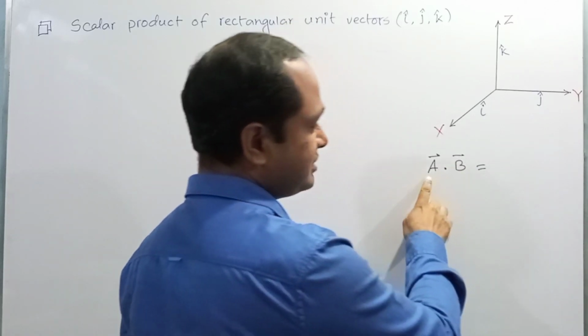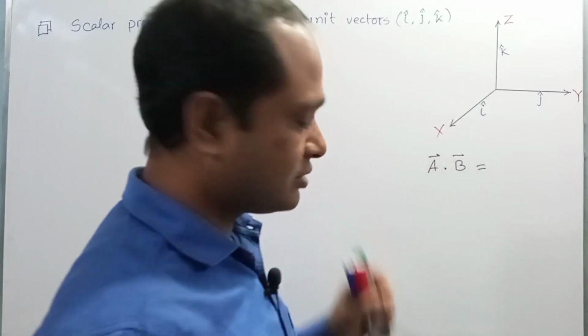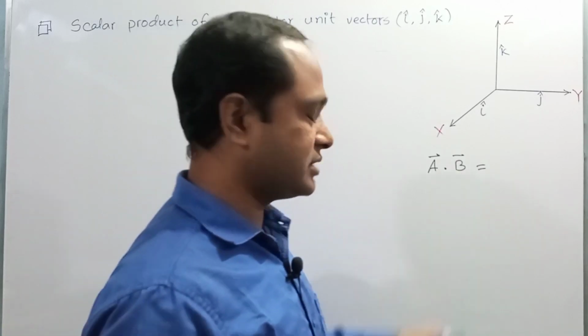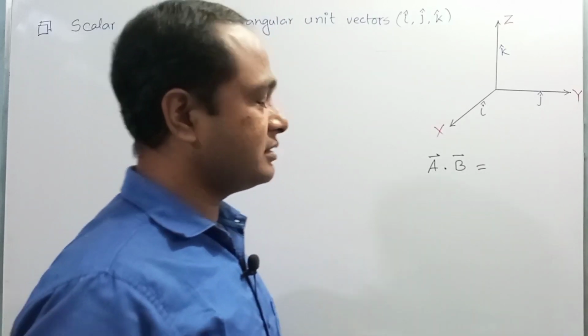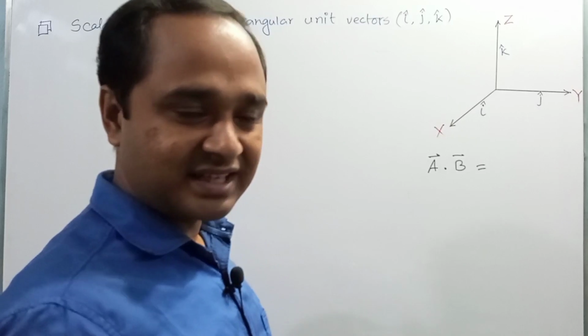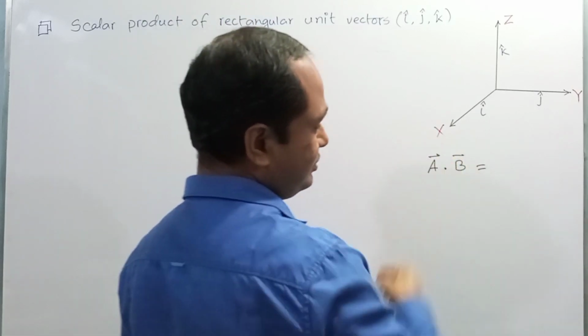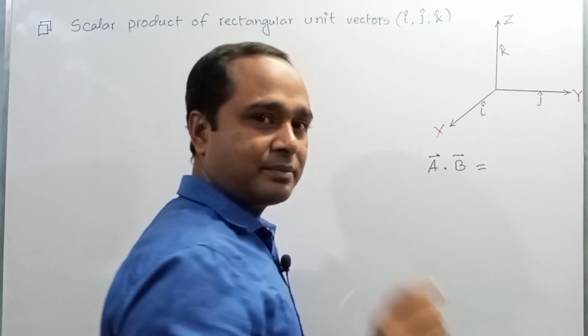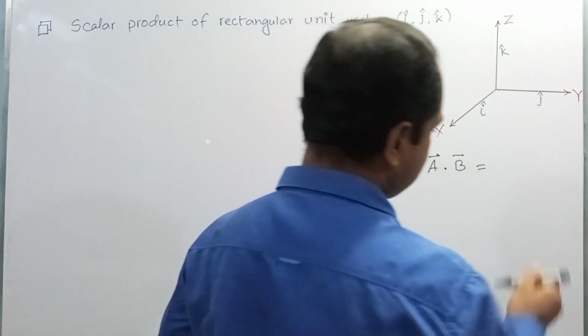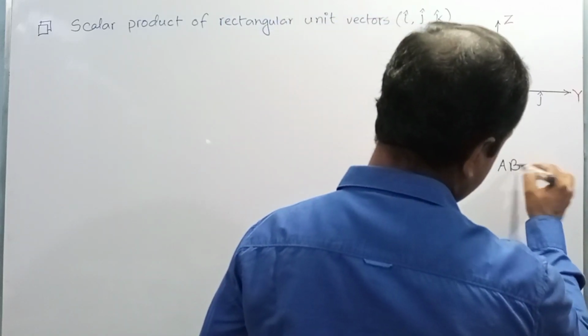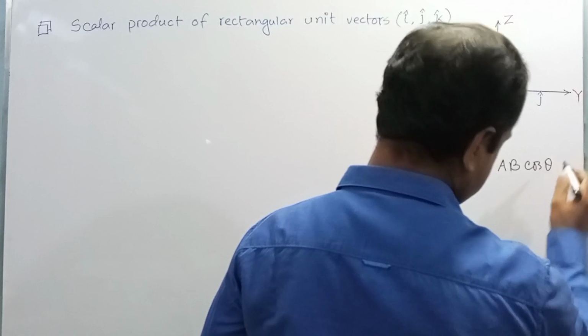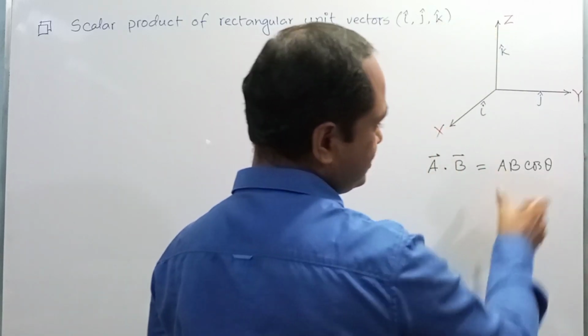That is, if the magnitude of a is simply a and the magnitude of vector b is simply b, and the angle between a and b is theta, then the value of the dot product of a and b will be a b cos theta. This is a magnitude only.